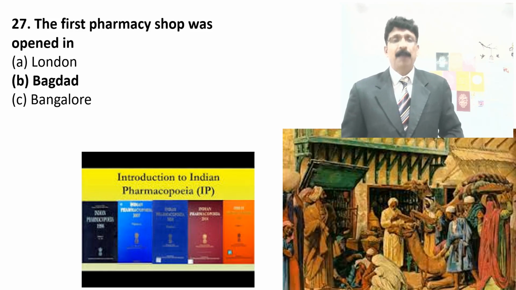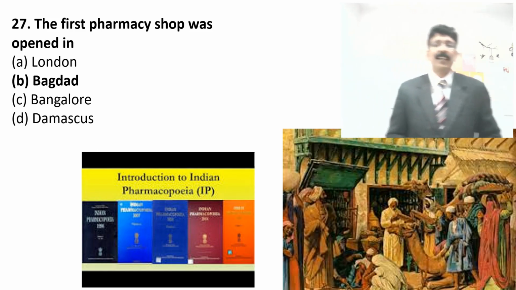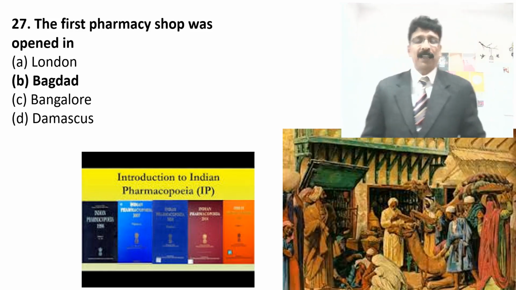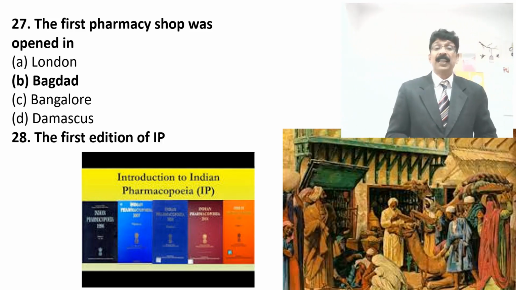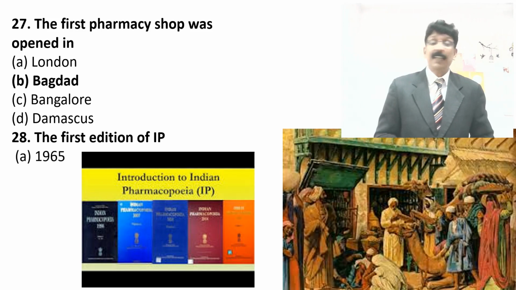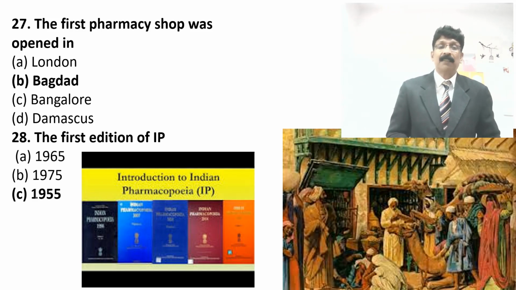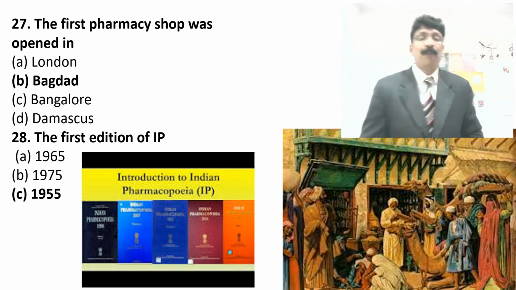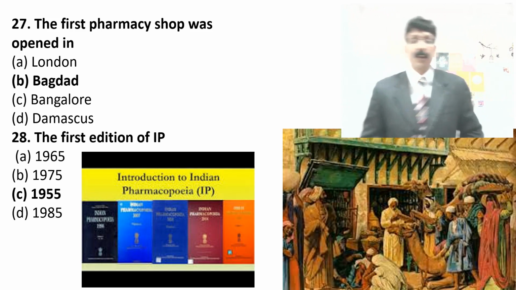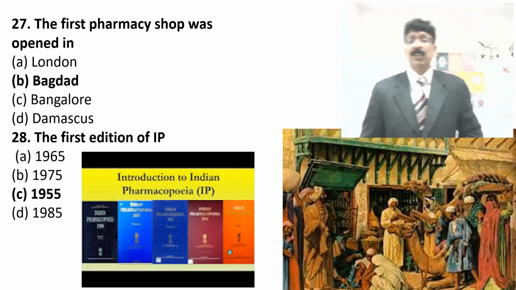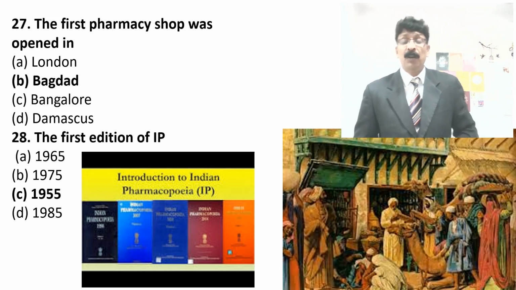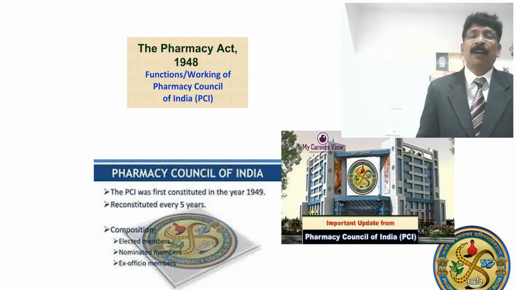Bangalore they simply gave. Damascus is the Syrian capital; no, it is not in Damascus. It is in Baghdad. The first edition of the Indian Pharmacopoeia was not in 1965, not in 1975, not in 1985. The answer is that the first edition of the Indian Pharmacopoeia was released in 1955.